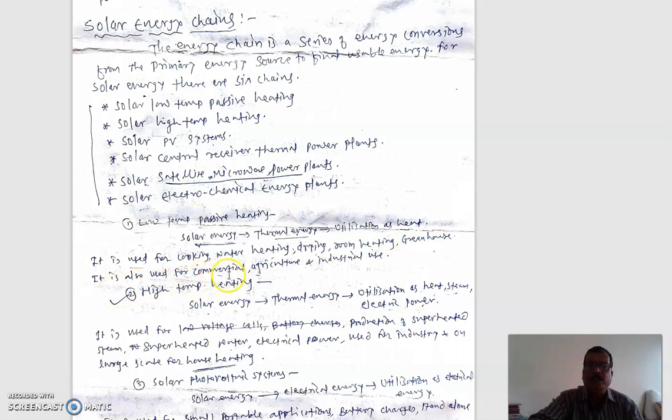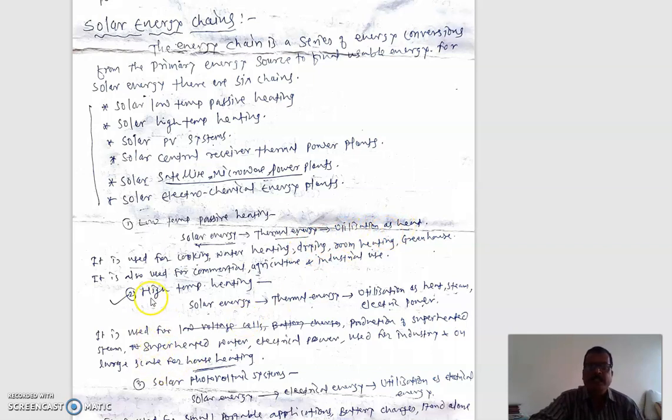It is also used for commercial, agriculture, and industrial use. It produces heat, that is solar energy is converted to thermal energy and used as heat.